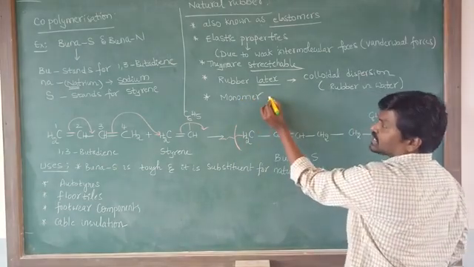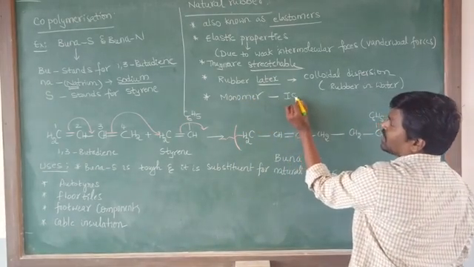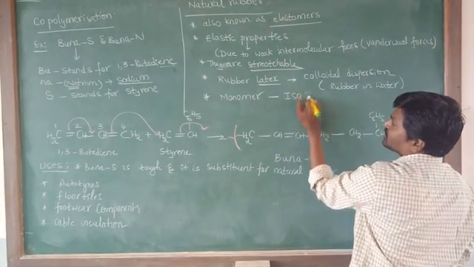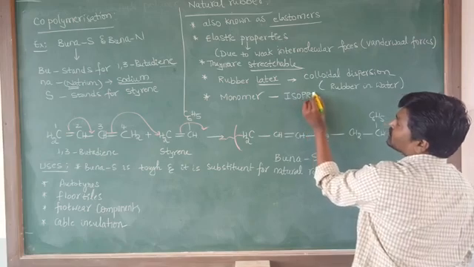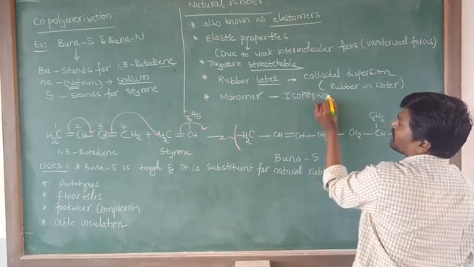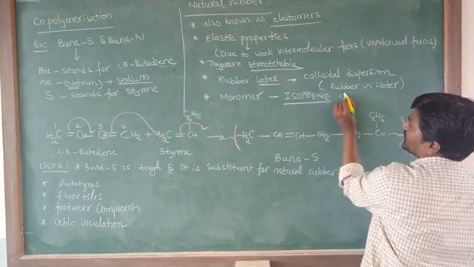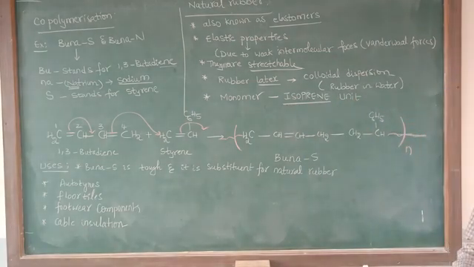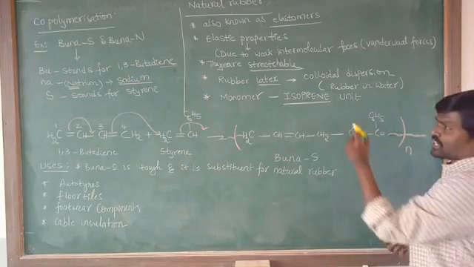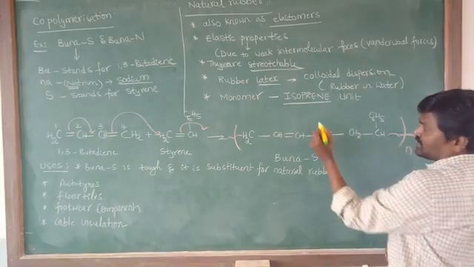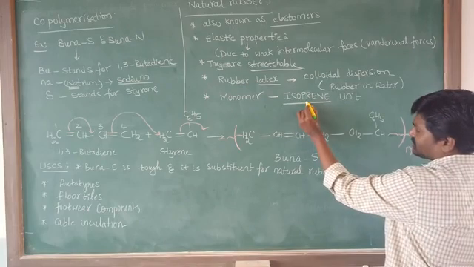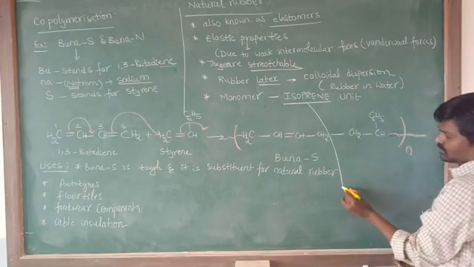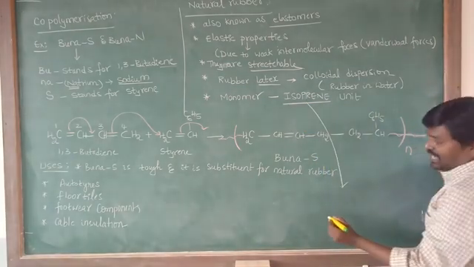What is that monomer? Isoprene unit. It is acting as the monomer. Now what is the exact name of that isoprene unit? Here I write it. This is the isoprene unit.